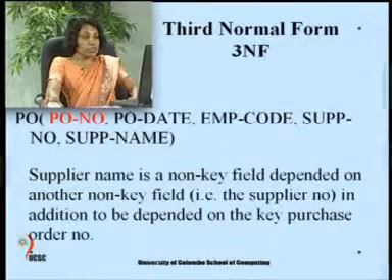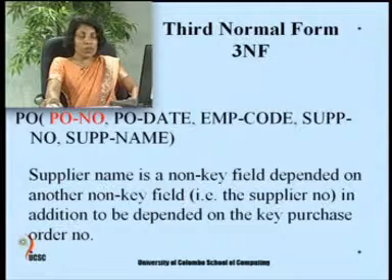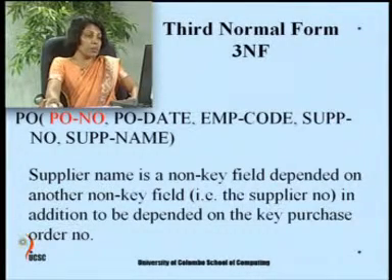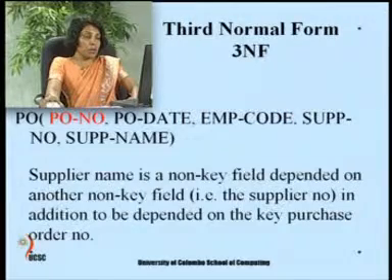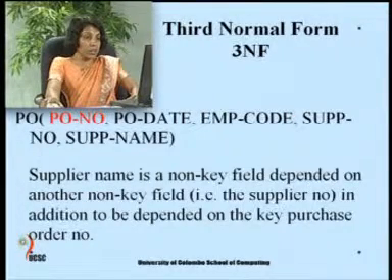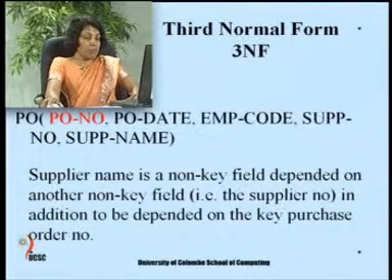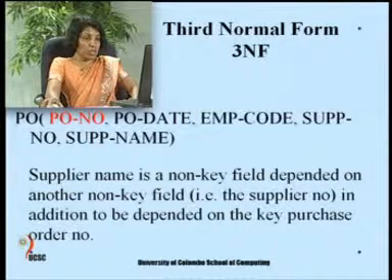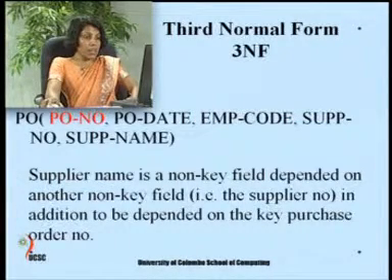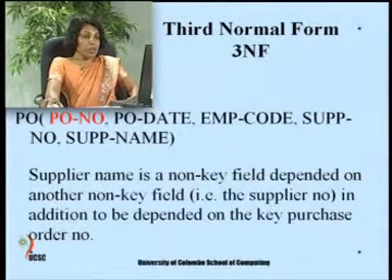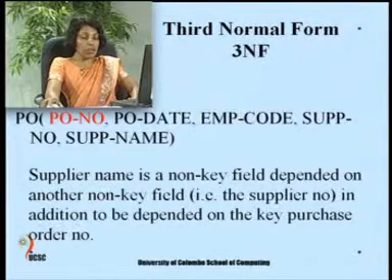So that is in addition to being dependent on the key, which is the purchase order number here. So we considered that all the non-key attributes are depending on the key here, purchase order number, but we can understand that supplier number is not a key field and supplier name is not a key field, and supplier name, which is a non-key field, will depend also on supplier number, which is a non-key field here.